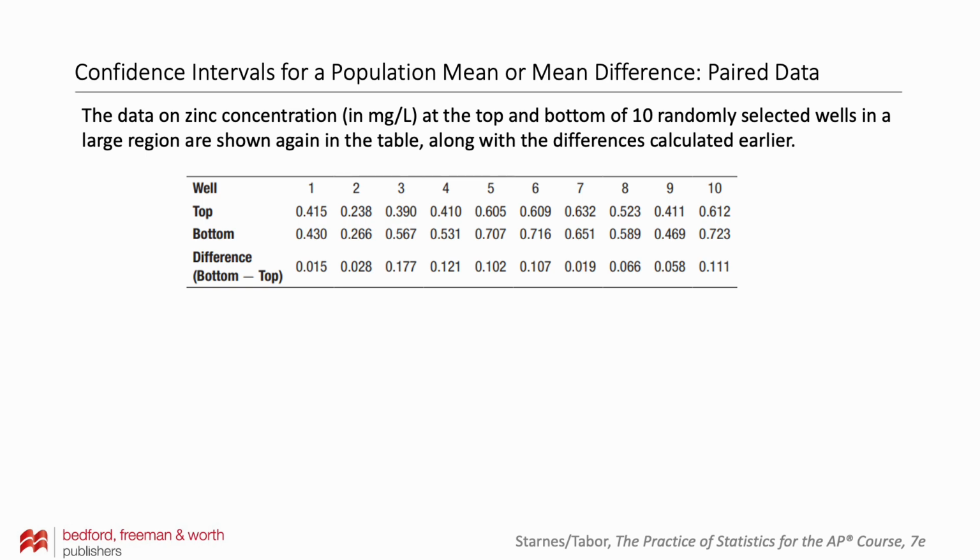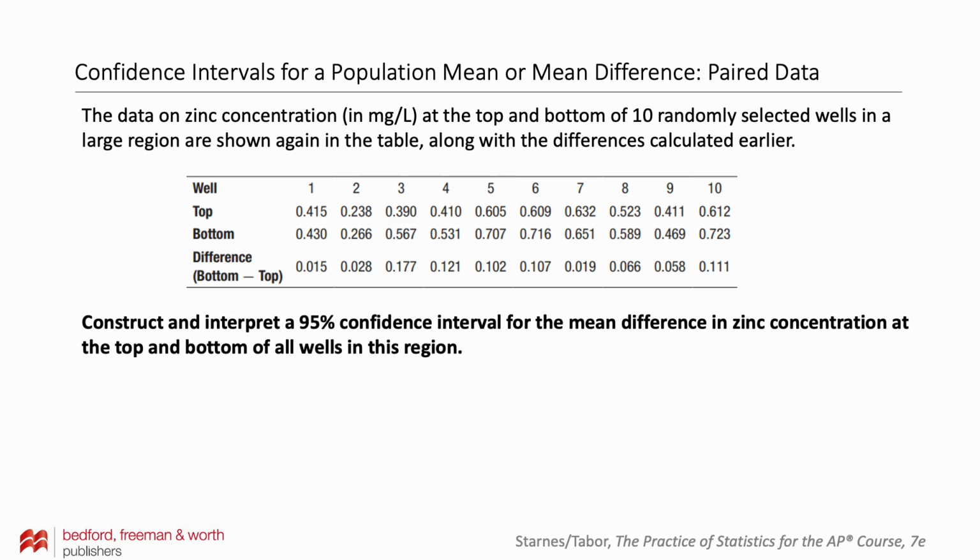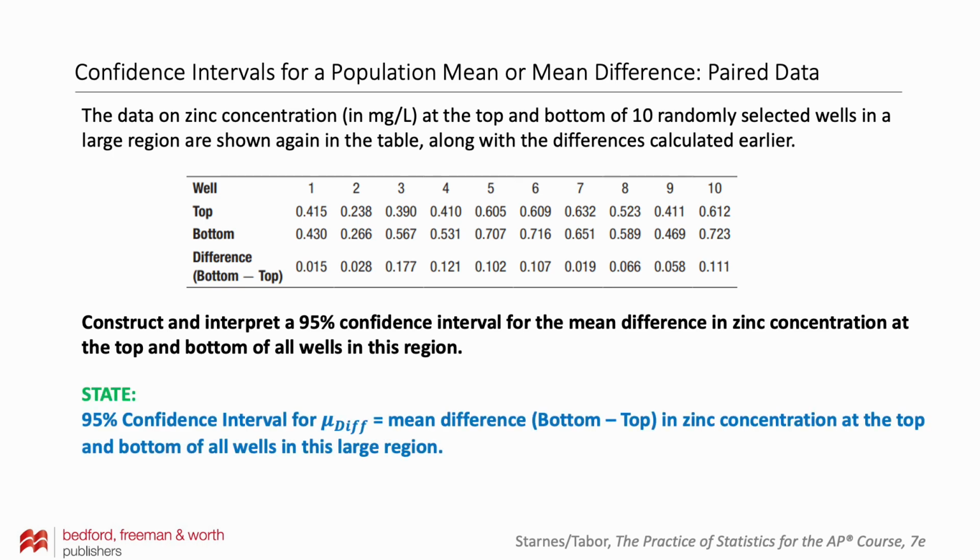Going back to that zinc problem, it says construct and interpret a 95% confidence interval for the mean difference of zinc concentration at the top and bottom of all wells in this region. So we're going to go ahead and do the state step. There are three things we need to put here: a 95% confidence interval, and we need to state that mu diff is equal to the true mean difference, and we have to put the order, bottom minus top, in zinc concentration at the top and bottom of all wells in this large region.